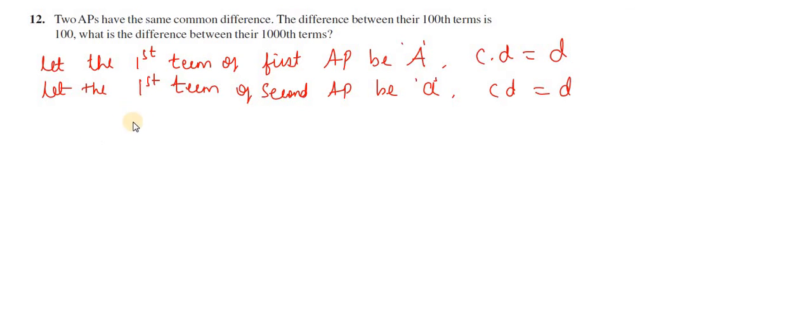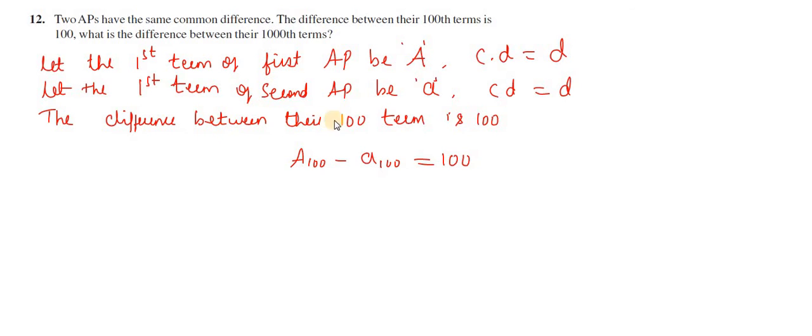Now we'll find the difference between the 100th terms. They gave that the difference between their 100th terms is 100, that is A100 minus a100 is equal to 100. So what is A100? You can write here A plus 99d minus a plus 99d is equal to 100.